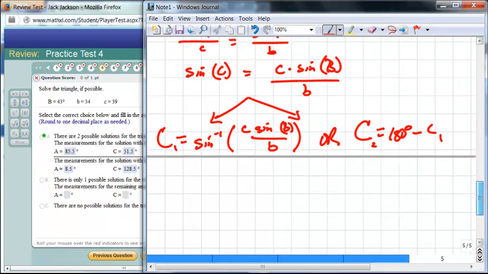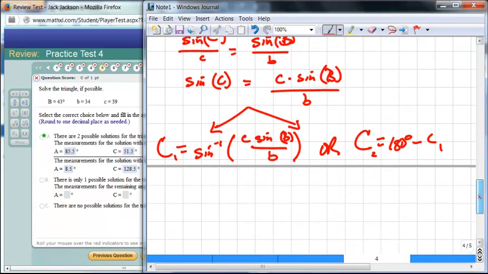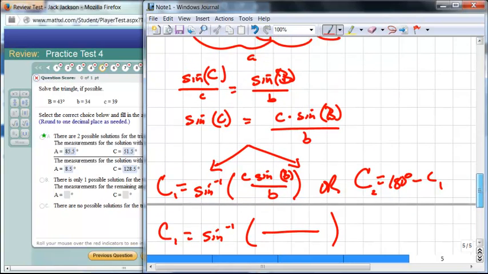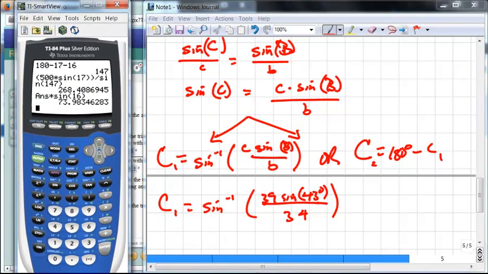So there's two possibilities, maybe. We'll see. So let's work this out. Side C is 39. Angle B is 43 degrees. And side B is 34. Let's see if this even is a possibility at all.